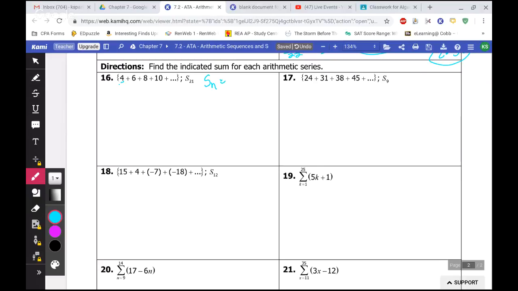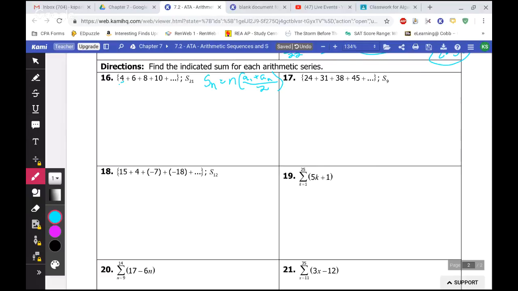It's S sub n equals, and then n, which is the number of terms in the sequence or the series. And then you've got the value of a sub 1 plus the value of the last term, all divided by 2. Okay, so that's kind of what we're working with right now, because we've got the value of the first one, but we don't have the value of this one. And in order to get that, we need to write the rule for this sequence.